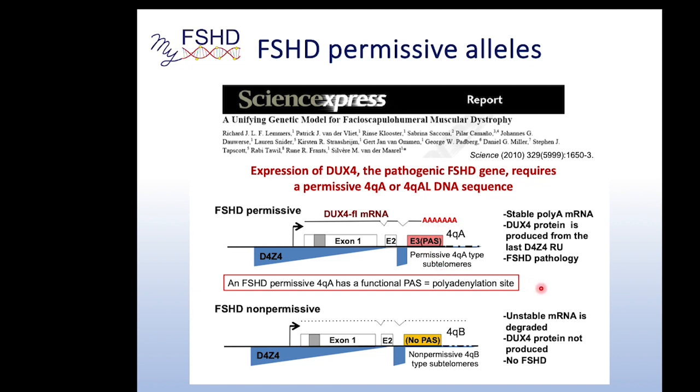You don't get polyadenylation. So this was actually spectacular work. It not only explained why the contraction only on 4QA or AL, which are pathogenic, and not on B, but it also really nailed down that it is the expression of the DUX4 full-length processed and polyadenylated mRNA that is absolutely key for FSHD.